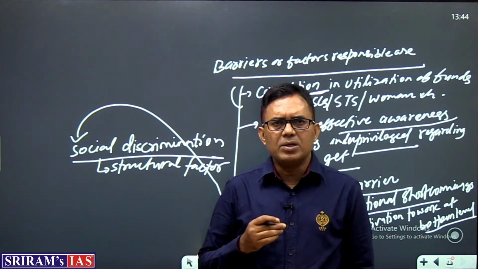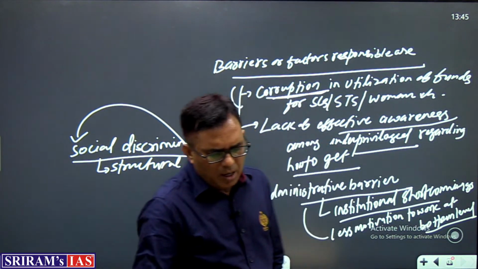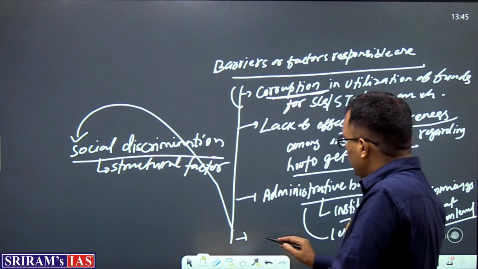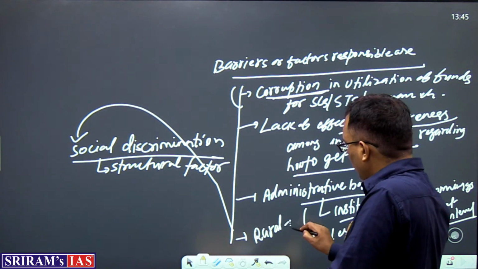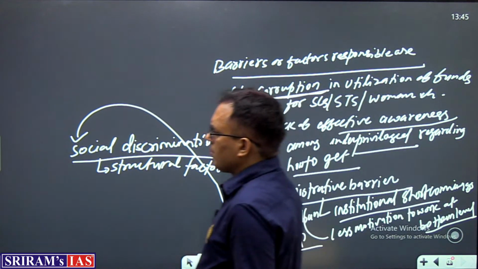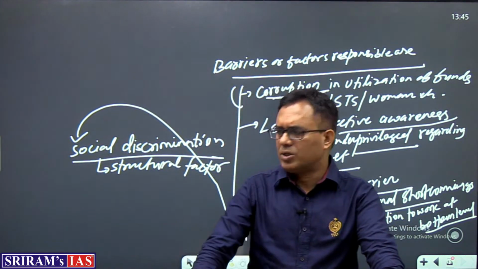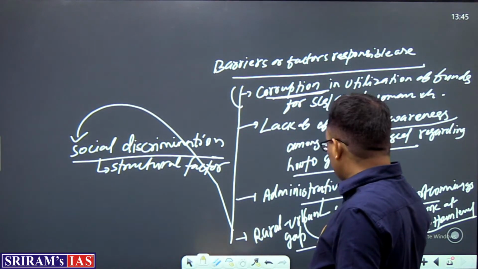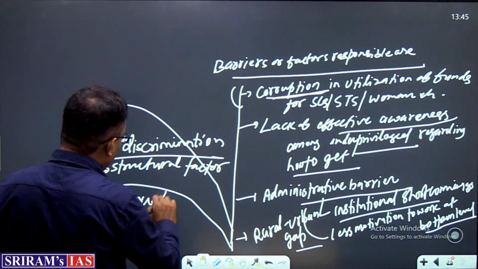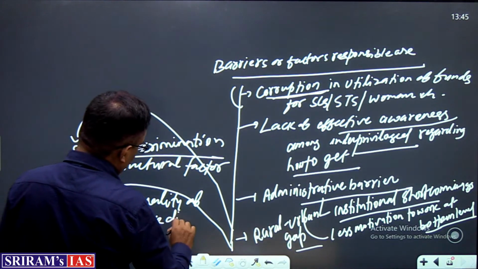Even in some areas we find that such things are reported. And last but not least, in terms of the rural urban gap, at the village level things are not like that. One more factor I should mention, last but not least, is the poor quality of service delivery.